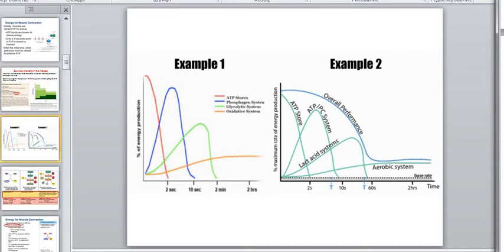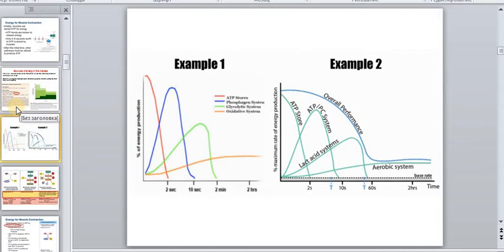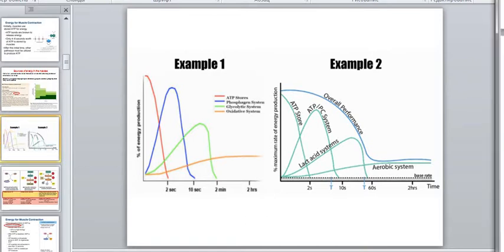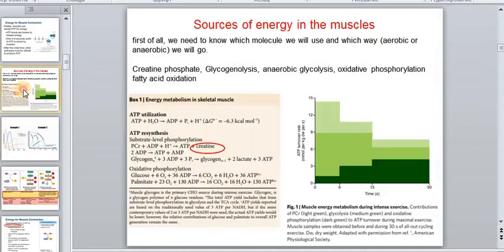Muscles use the stored ATP molecules, but it supplies enough for 4 to 6 seconds of work, and then you need to turn on other mechanisms for obtaining energy.